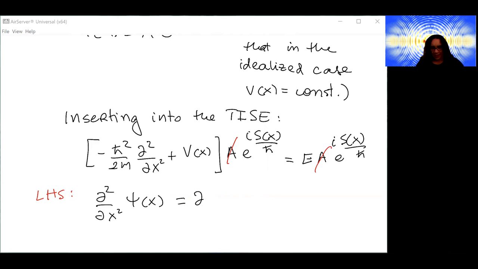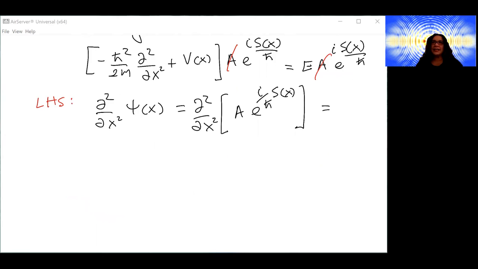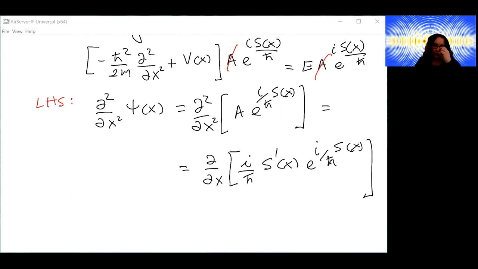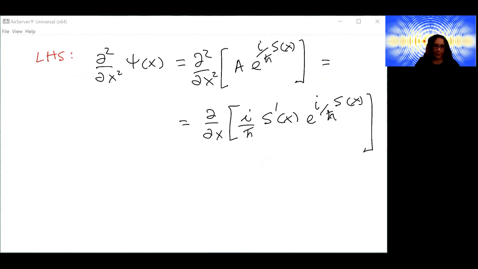So let's compute d²/dx² psi(x). This is d²/dx² of A e^{(i/ħ) S(x)}. And we find, applying this derivation once, this dash here I used to simplify the notation, but in case you have forgotten, this is dS/dx.